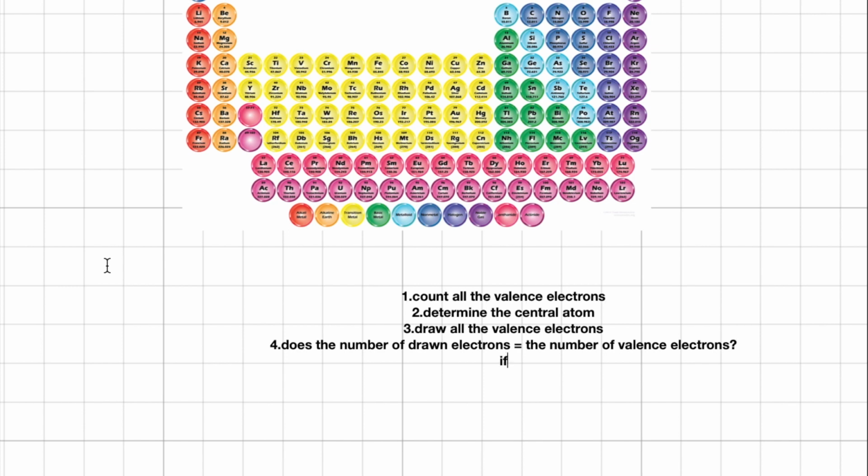If yes, draw a single bonding line, I guess I can call it. If no, make a double pair. Draw a double pair. And then ask again.